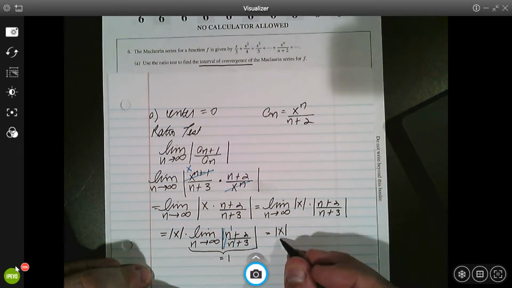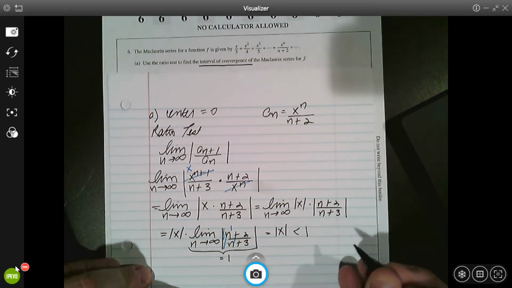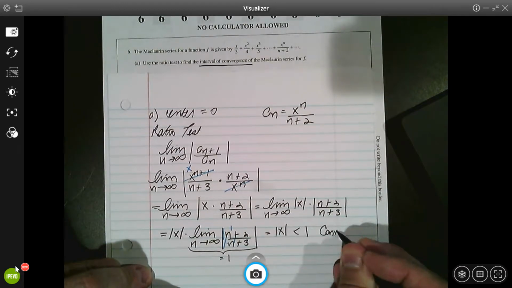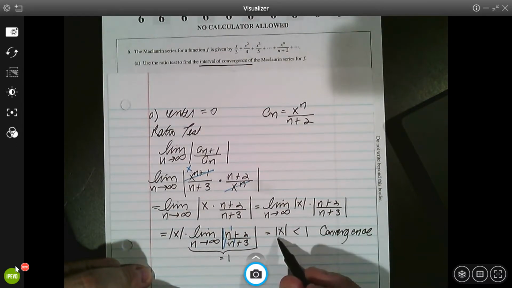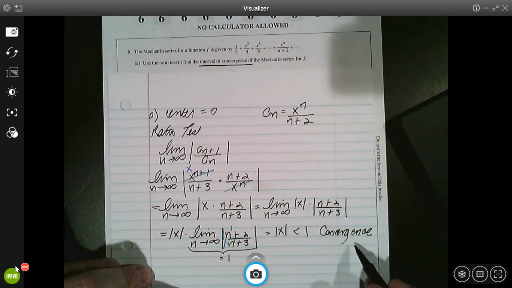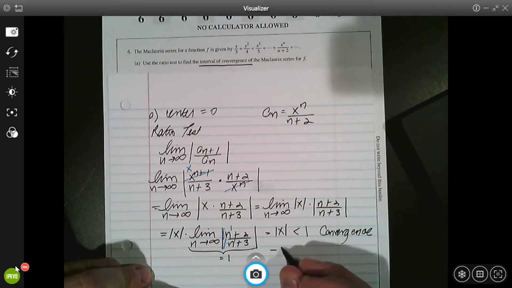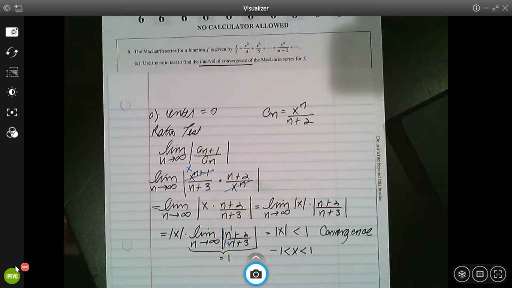Now, what we know using the ratio test is that if the absolute value of x is less than 1, then we have convergence. If the absolute value of x is greater than 1, we have divergence. So we know for sure we have convergence on the interval -1 less than x less than 1.